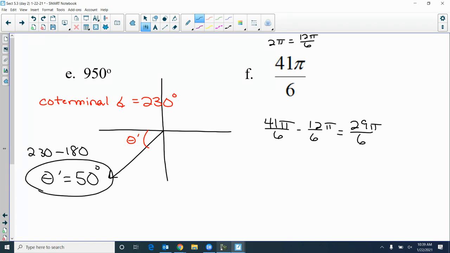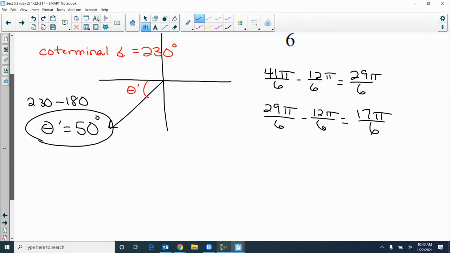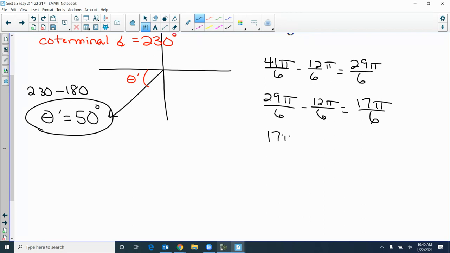Well, just keep subtracting. And I know some of you are probably just going to do this in your head, which is fine, but I'm going to write it down, and I get 17 pi over 6. Still too big. So one more. 17 pi over 6 minus 12 pi over 6 is equal to 5 pi over 6.